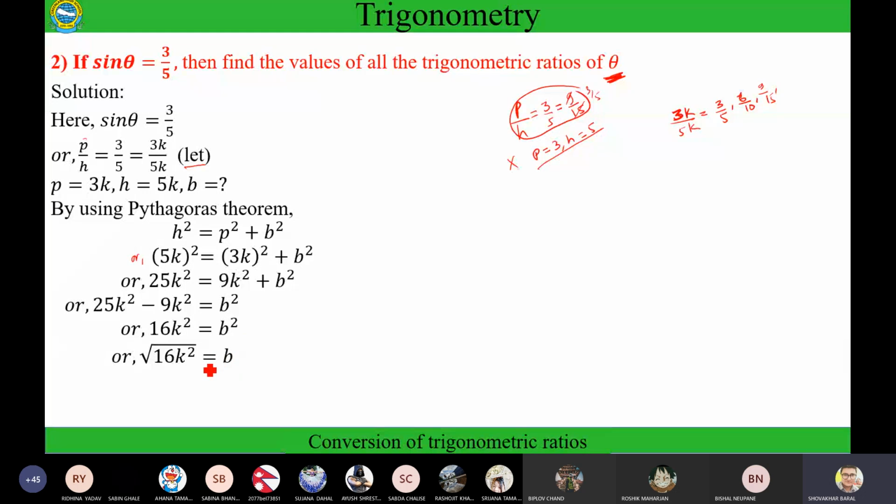So B is equal to the square root of 16k square. The square root of 16 is 4, and the square root of k square is k, so B is equal to 4k.